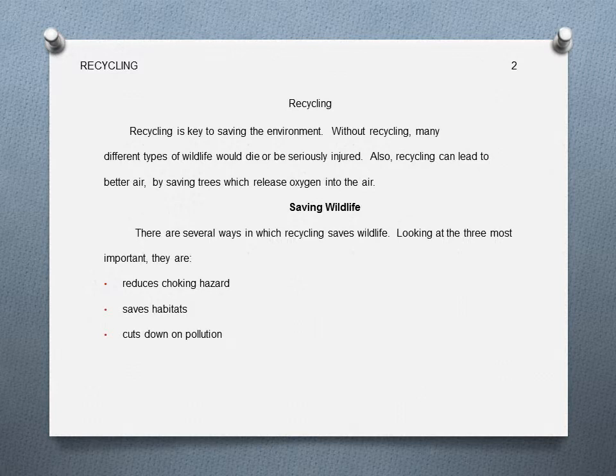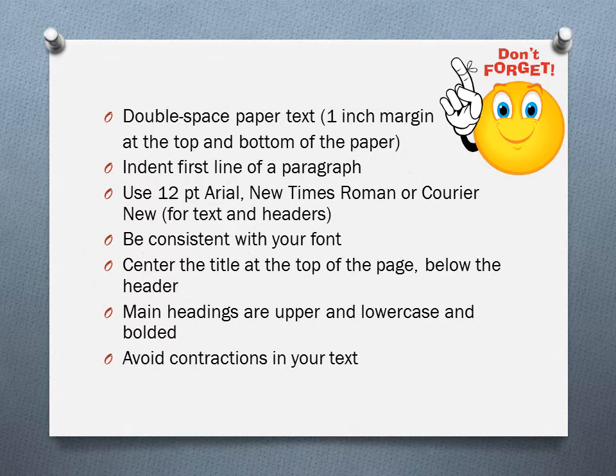Avoid those. So, let's recap a little about formatting a paper in APA style. Don't forget, you should always double space your paper's text. Indent the first line of a paragraph. And again, it should only be one tab stop. An error I see many students make is that they have a very big indent for that first line.